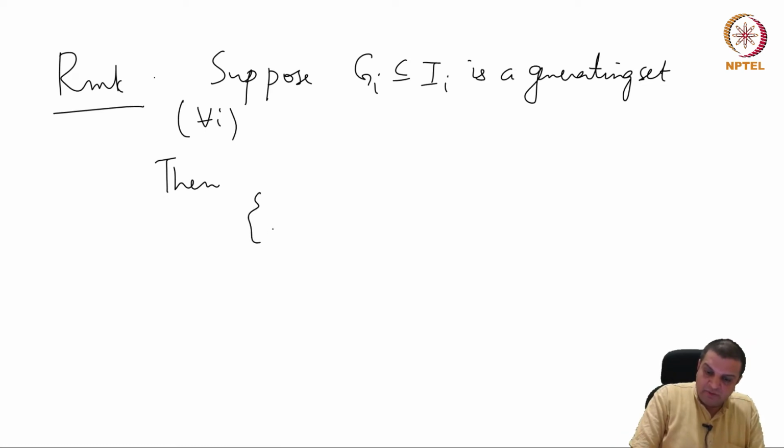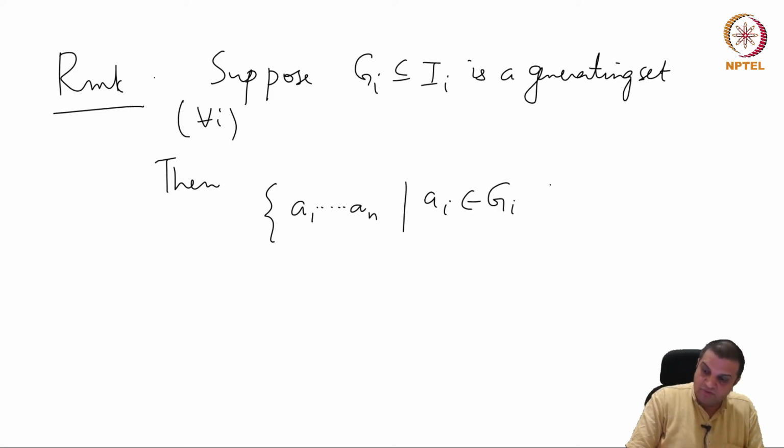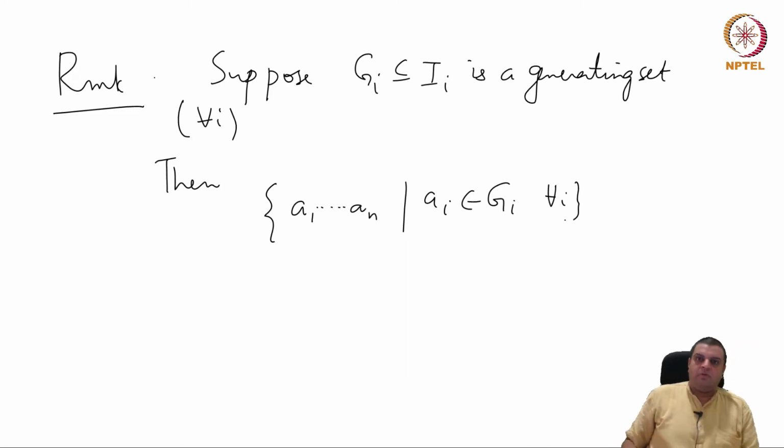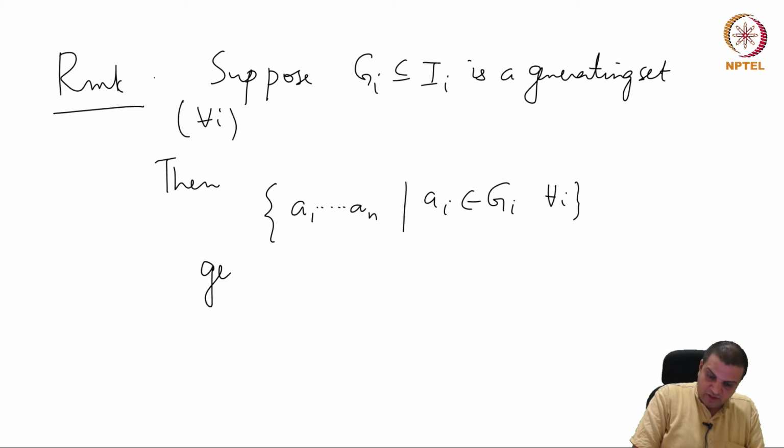We just need to take a product of elements Ai from the generating set Gi for each i, and that also generates the product.